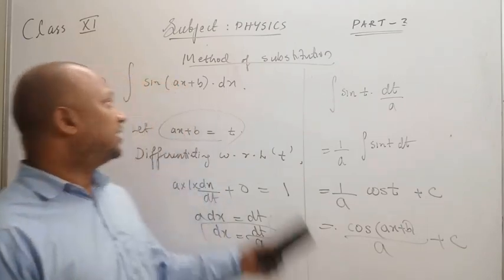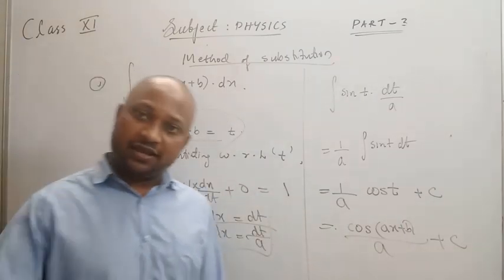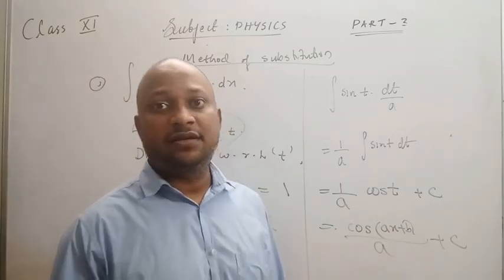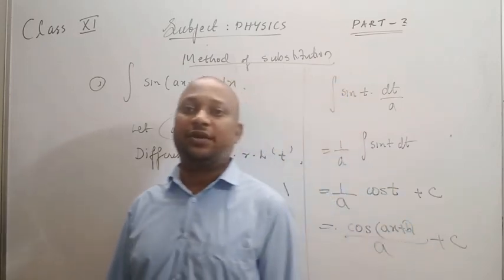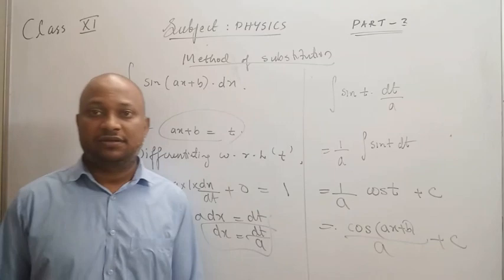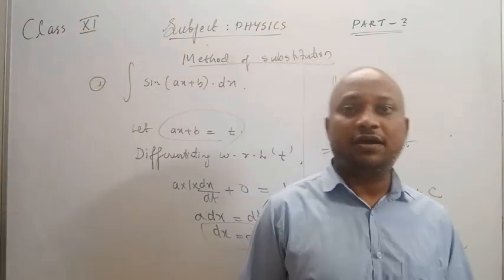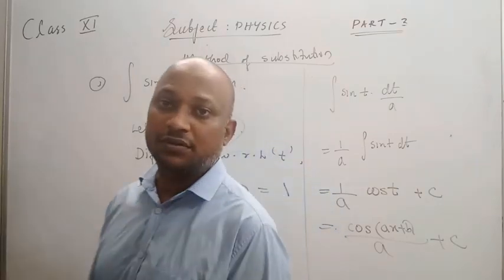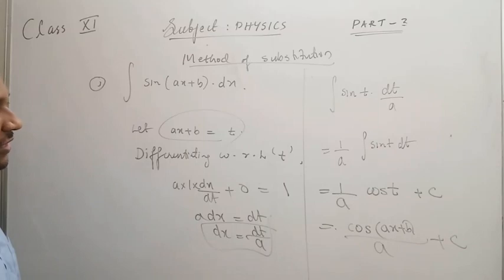And if there is a minus coming over here, and it could be b minus ax, then you have to exactly do this method so that you can correctly answer the question. Otherwise, simply using the formula, the answer may be wrong. So that's very important to understand here.